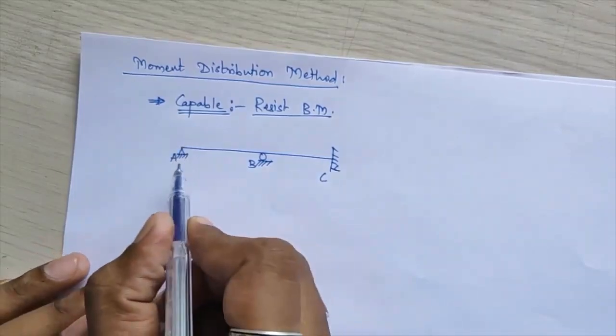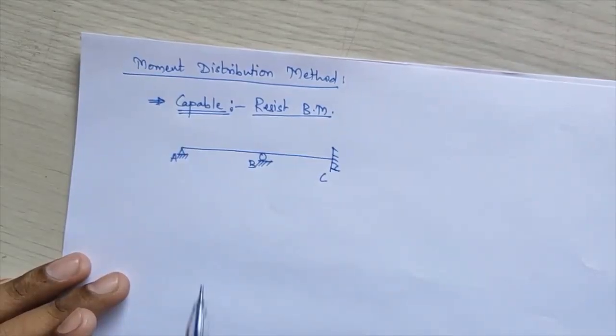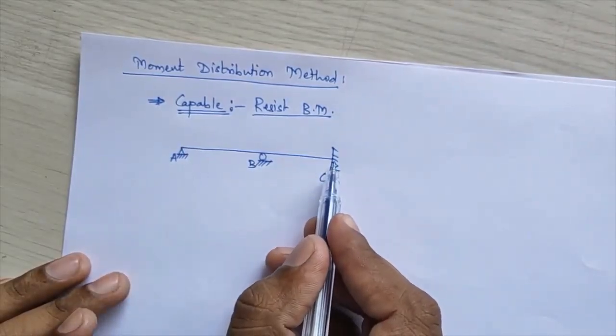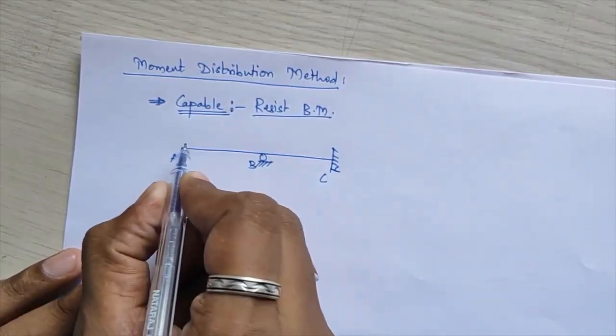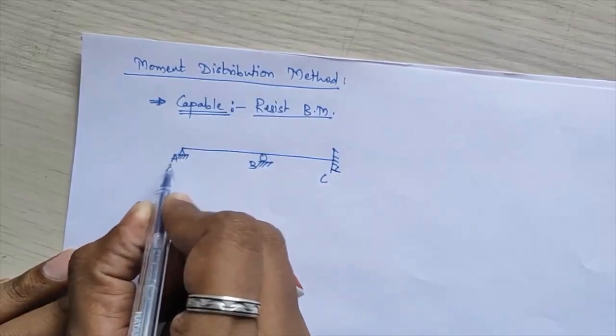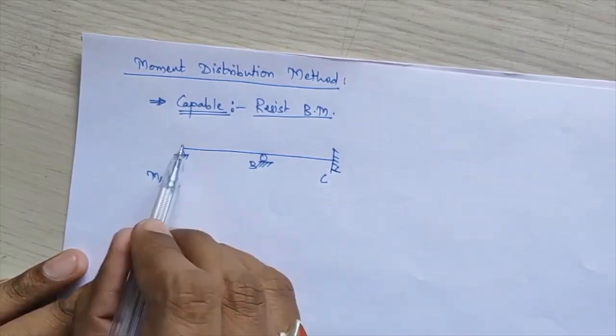Suppose some loading is given on this beam and I have to draw the bending moment diagram. Whatever moment I get at joint A will remain 0 because this is the end support.